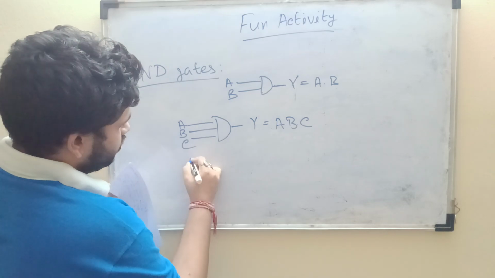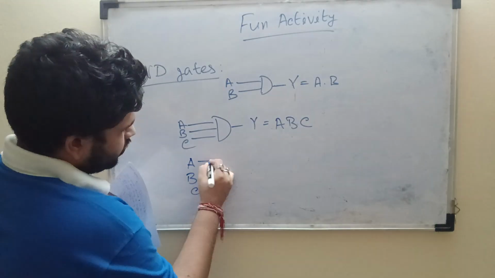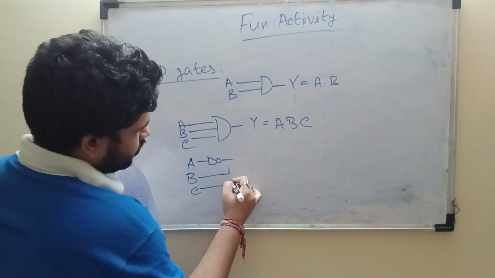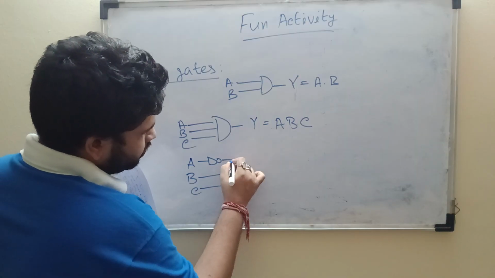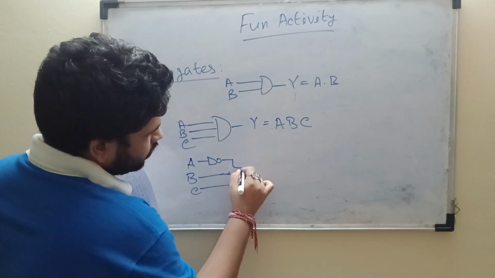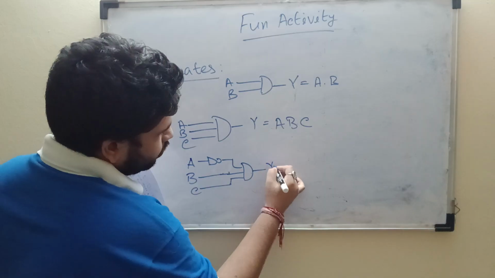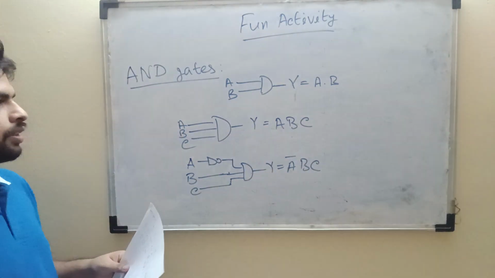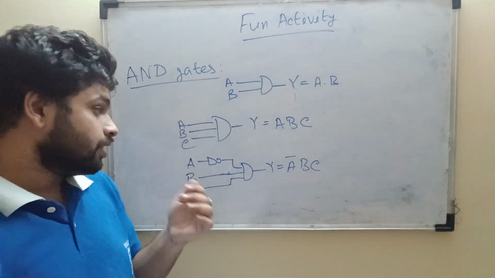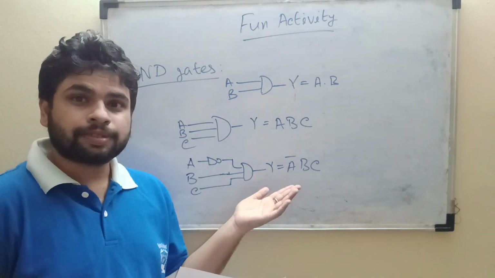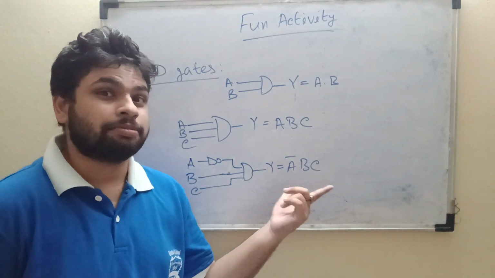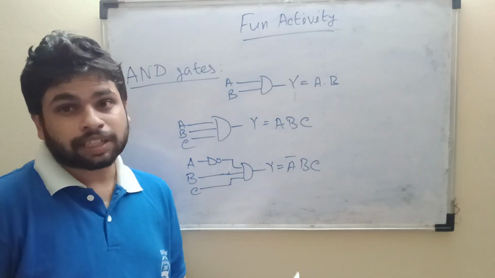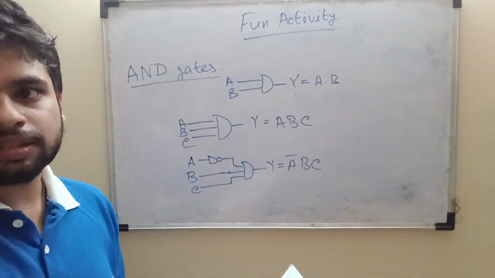But when someone becomes worried, then what will happen? They will give us output of 0, unhappiness, sorrow. So let's see the truth table of this.